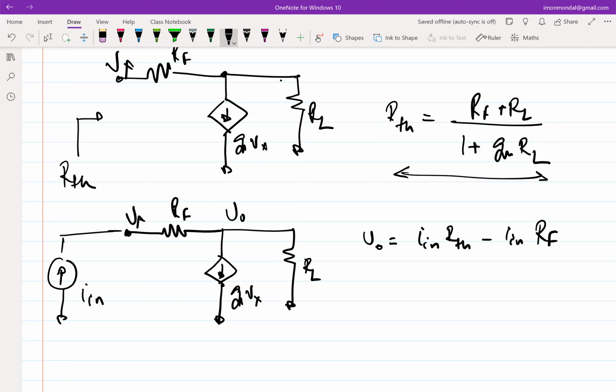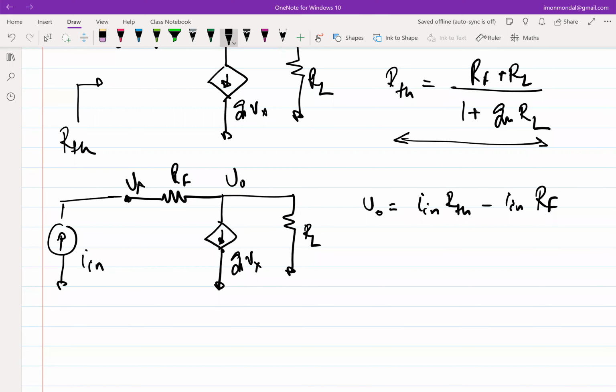What was the second part that I had asked you: under what condition V0 becomes minus IN times RF? Right, so there was another part. Under what condition is V0 equal to minus IN times RF?